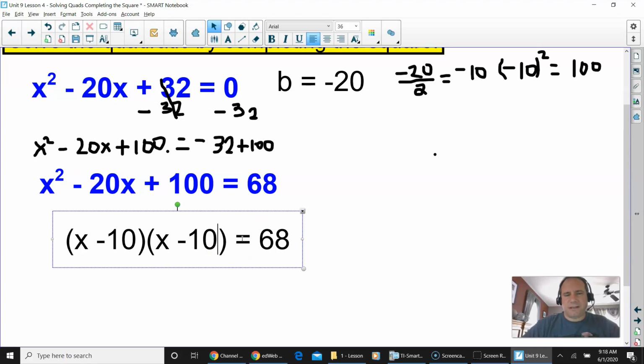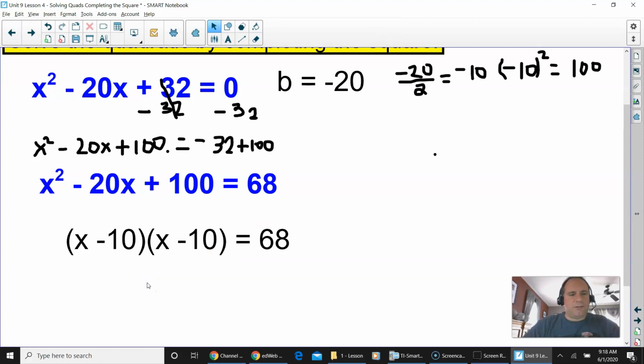And you see how it's the same. So what it comes down to is x minus 10 squared equals 68. And this is the completing the square part.